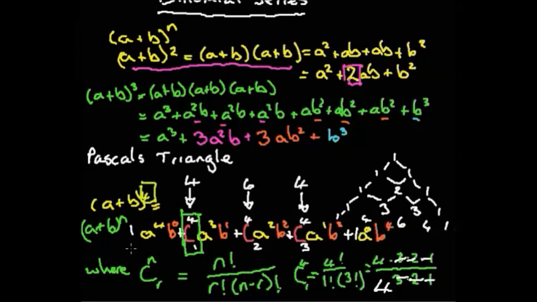So using this formula here and the patterns that we have learnt, we can do the full expansion of any binomial series where we've got a plus b raised to the power n, and this works as long as n is an integer.